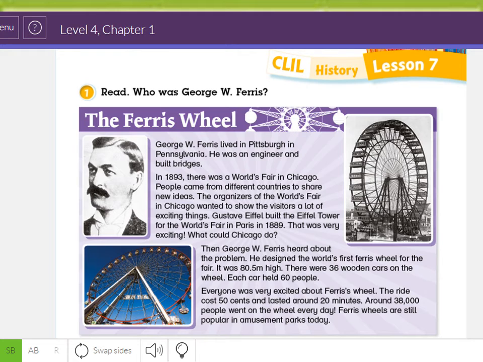The first Ferris wheel was made with 36 wooden cars on the wheel, and each car held 60 people.